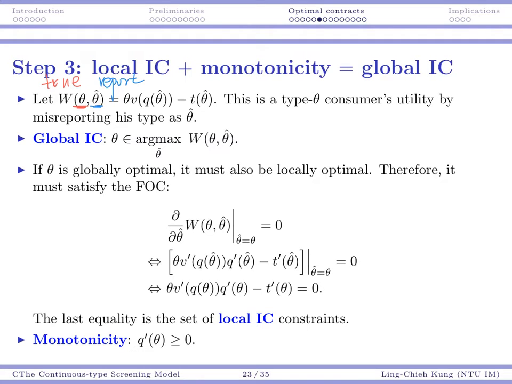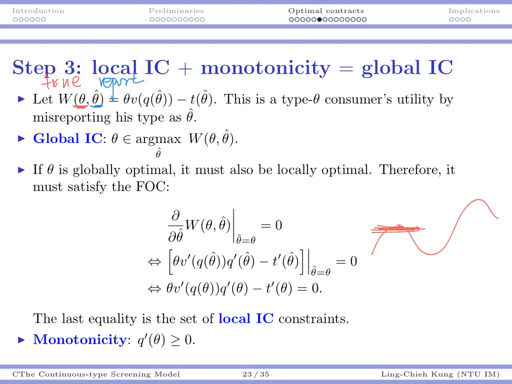Local IC constraints. If theta satisfies this equality, it does not guarantee that it is optimal. It is just locally optimal. Just like you have something like this. Here you have a point whose first order derivative is 0. And this is necessary, but it does not guarantee that it is optimal.